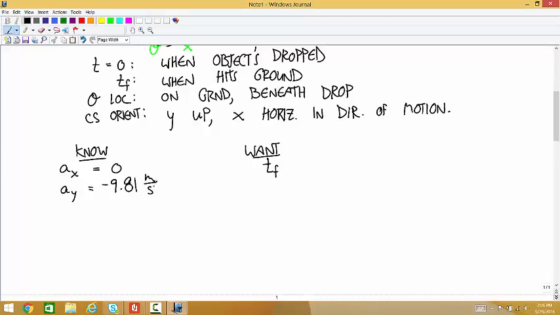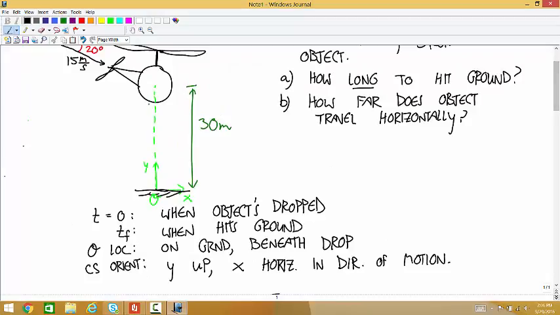Do we know anything about initial position? We do. This is a picture of what's going on at time equals 0, when the object's dropped.